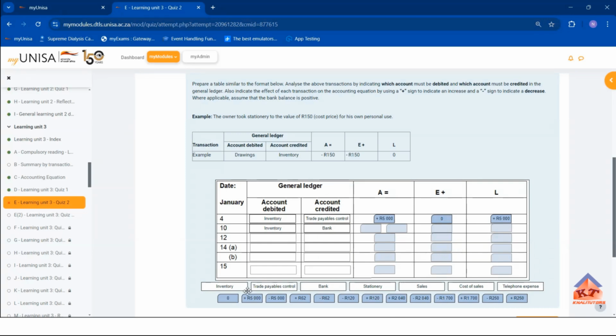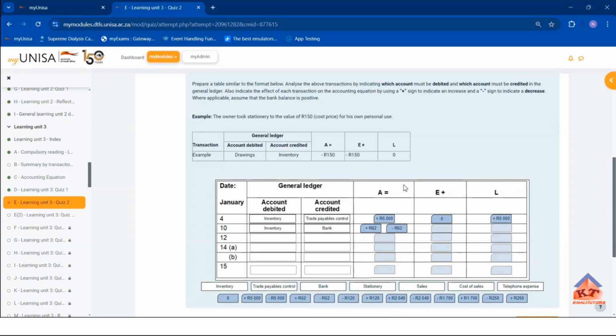These two are both assets. One of them, inventory, is increasing, and the other one is decreasing. So we are going to have plus 62, and then minus 62.